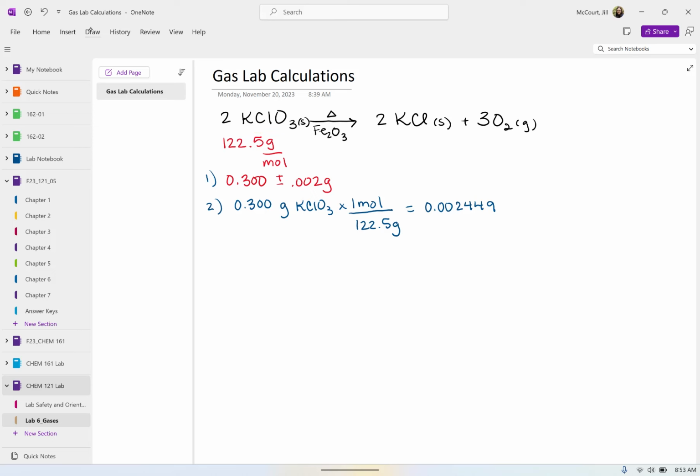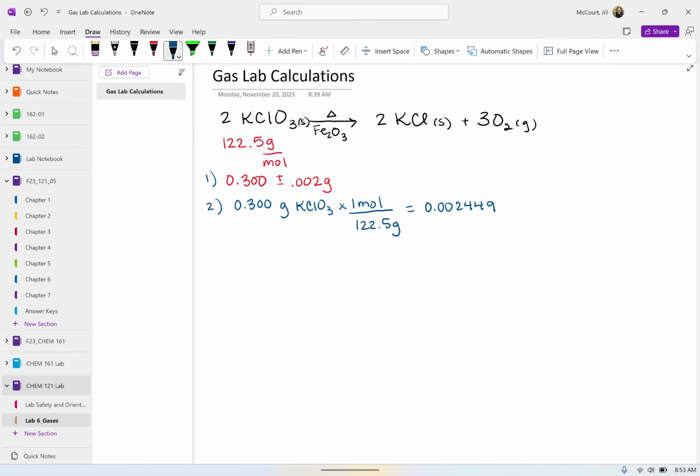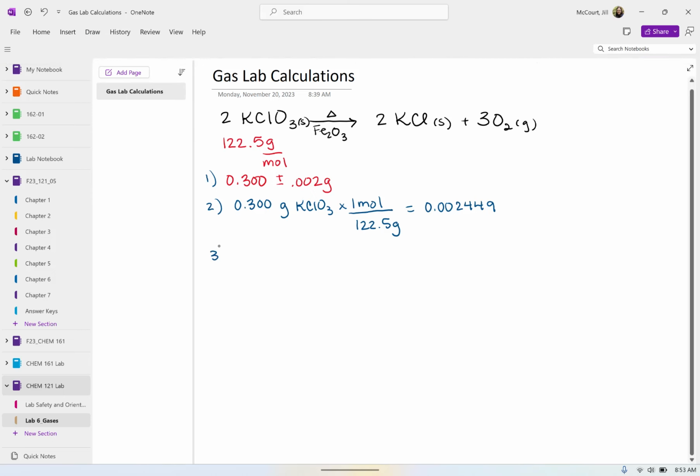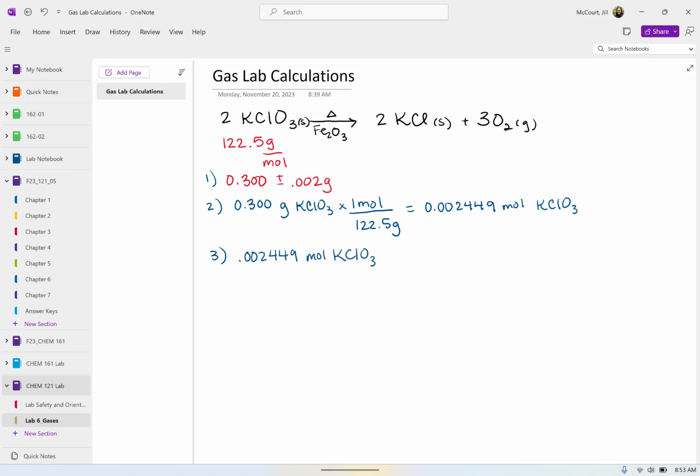And so I'm going to set up another ratio here to answer question 3, where I have my moles of potassium chlorate here. And then I want my units to cancel. So I want moles of oxygen, and there are 3 moles of oxygen for every 2 moles of potassium chlorate.